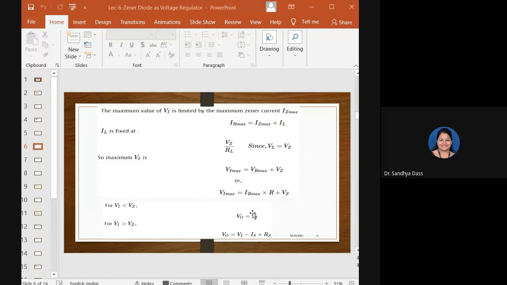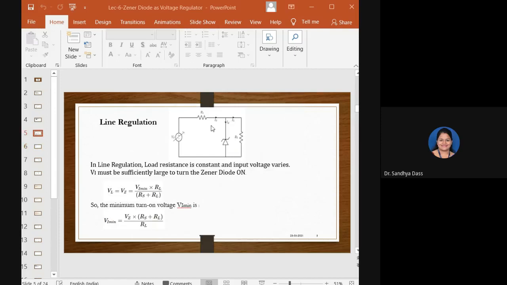Now, we know that the maximum value of Vi is actually limited by the maximum Zener current, Iz max. So observe from the circuit here. I hope it is visible. This is your IR, this is Iz, and this is IL.